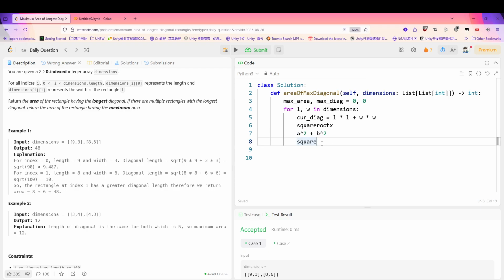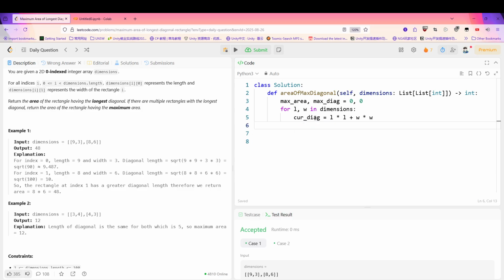This is something we learned in high school, related to the characteristic of the function, which is monotonically increasing. So this one is bigger, so the square root of this one is also bigger. So we only need to calculate the squared result of the current diagonal instead of the square root, because this helps us avoid the extra cost of computing square roots.